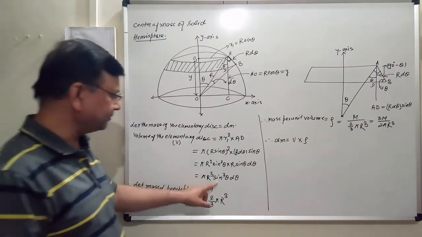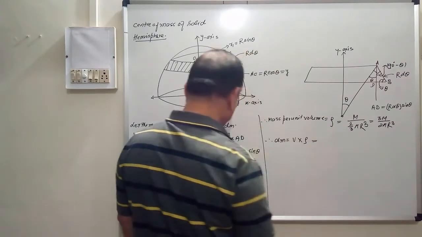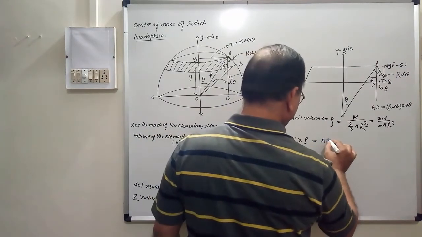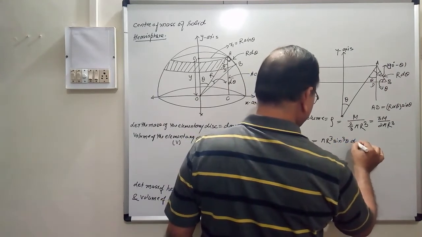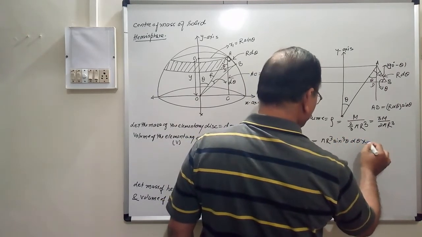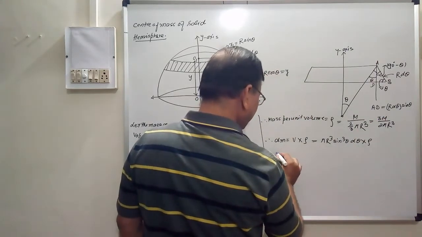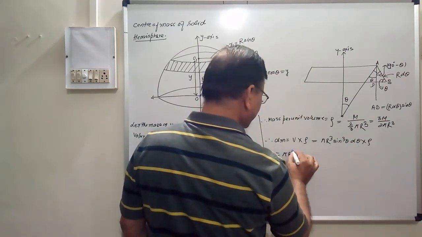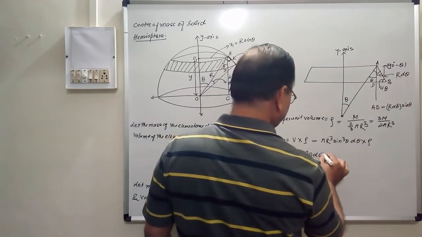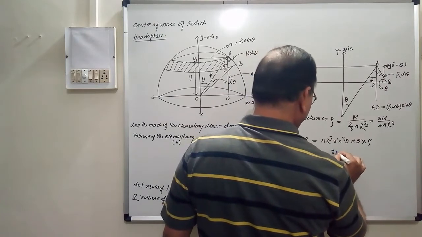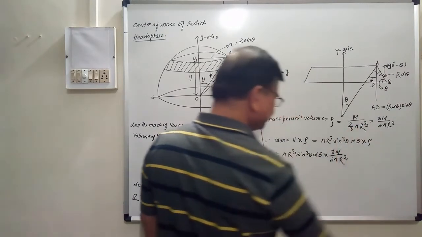So volume we have found this much, so this is equal to pi r cube sine cube theta d theta into 3m upon 2 pi r cube.